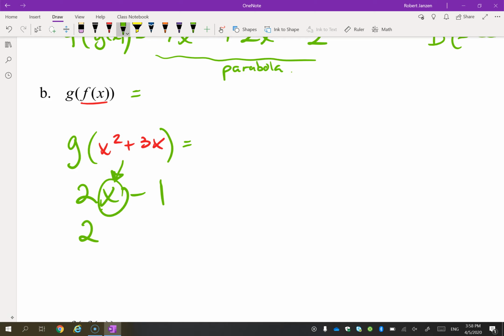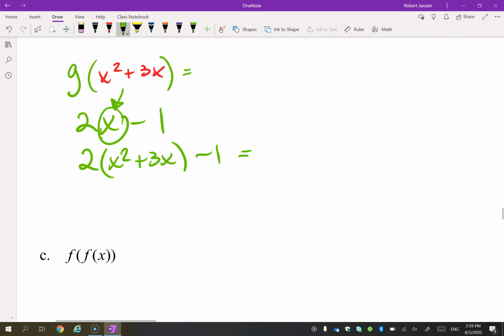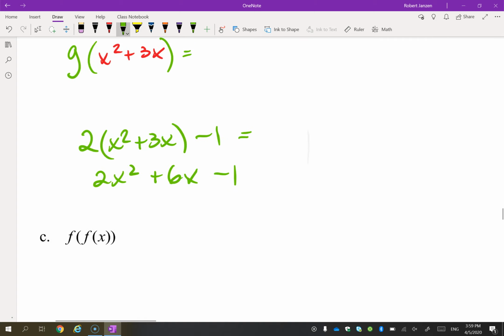So I'm going to get 2 times x squared plus 3x, minus 1. Just wrote that in there for you to see. You don't need that. And simplifying this, you get 2x squared plus 6x minus 1. That's g of f of x. Again, this is a parabola, so what's the domain? Negative infinity to infinity.